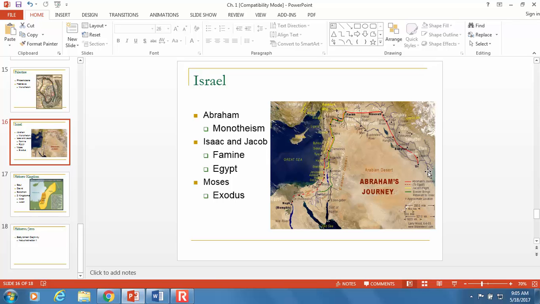So let's just recap all of this, because there's a lot of movement, all right? And we're nowhere near the Holocaust as far as World War II with Hitler, all right? These people, the Jews, have been through so much. I cannot even stress to you how much they have been through.